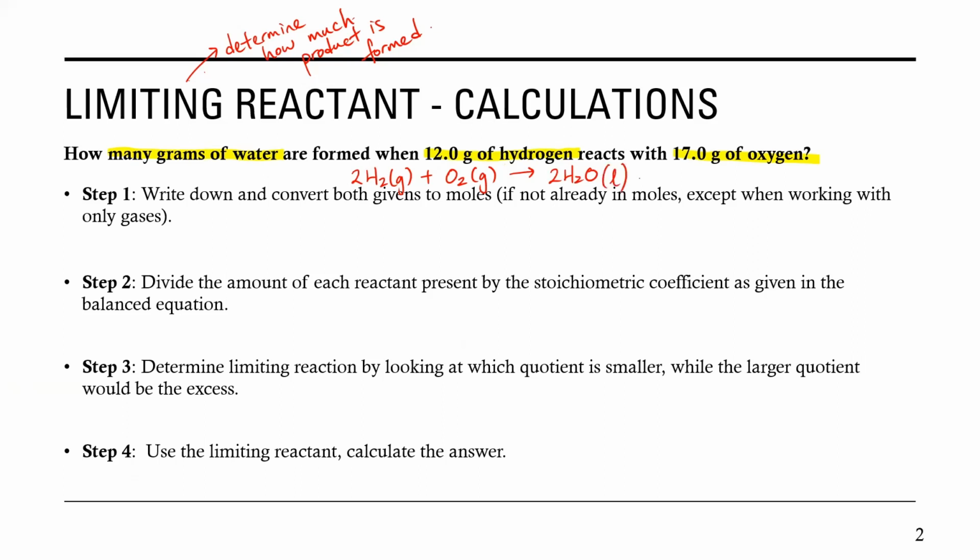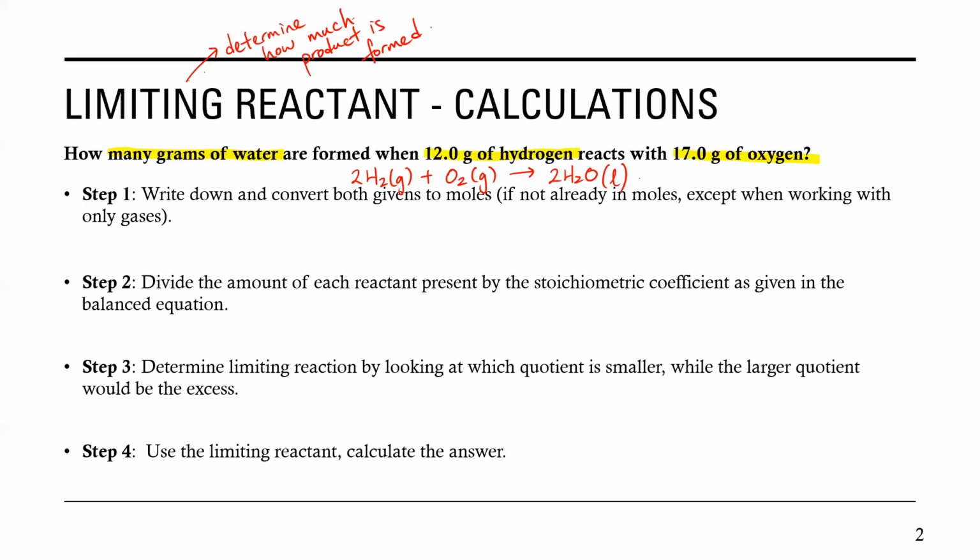Okay, so I don't think the state symbol matters here. Like I said, we're more curious about the mass of the water, and it doesn't really matter which state the water is in. So if you put an L, if you put in G, they're both fine. Okay, so the first step is to write down and convert both of the reactants that you have into moles.